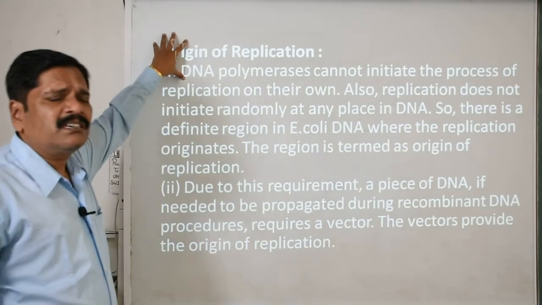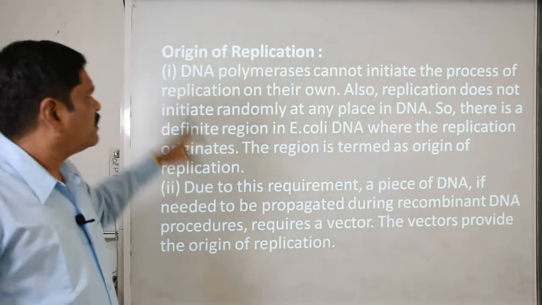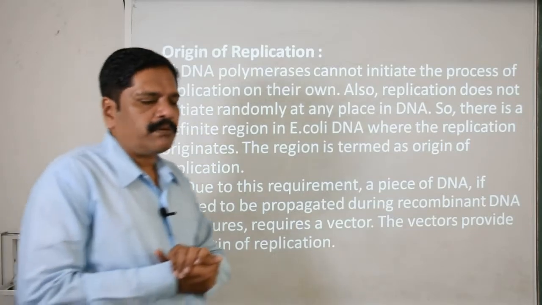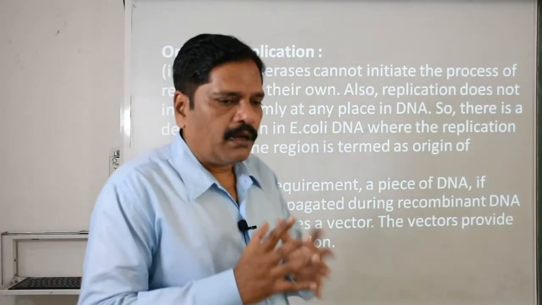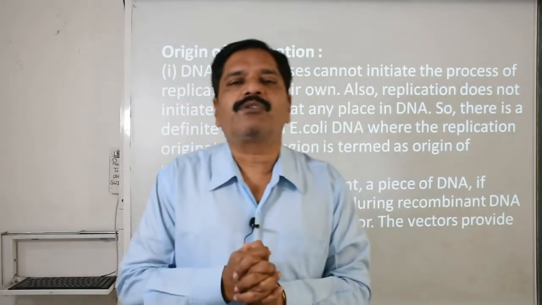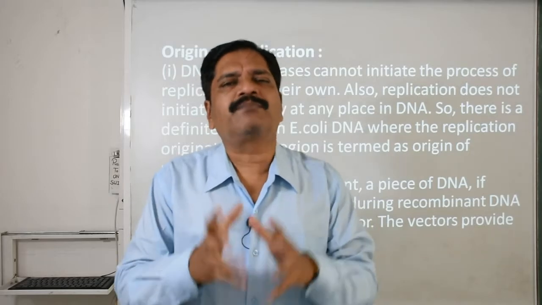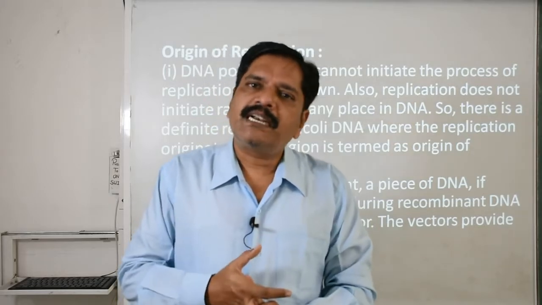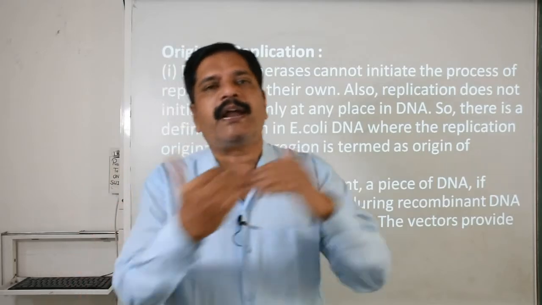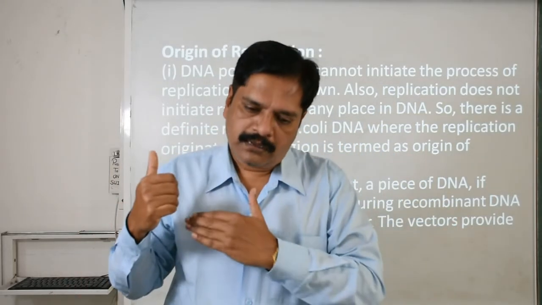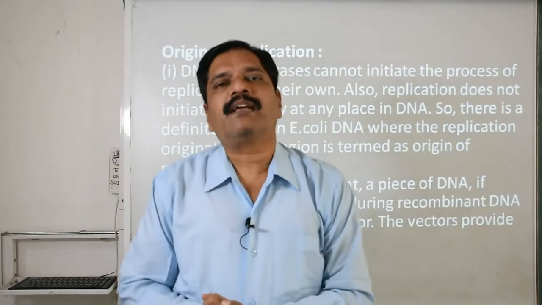Now here we are going to discuss the origin of replication. Remember two facts. A prokaryotic DNA molecule is quite simple and small. So DNA replication starts from one point and continues in a single process till the last end.